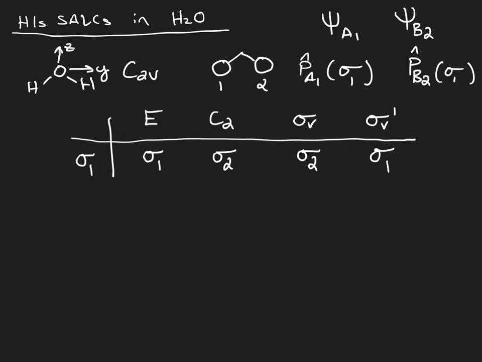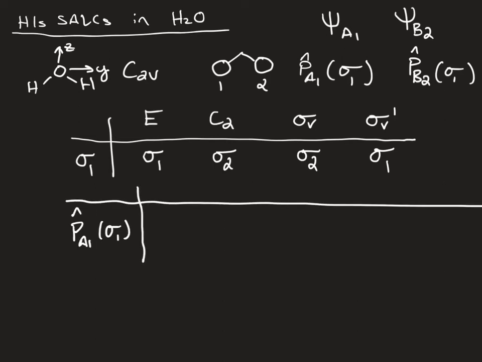What I've done with the transformation of the hydrogen 1s is the first part of that projection operator. Now we're going to consider how the various operations transform under the given representations, so we're going to complete the projection of A1 on the hydrogen 1s orbital from H1. With the A1 representation, E has the character of 1, C2 has the character of 1, sigma V has the character of 1, sigma V prime has the character of 1.